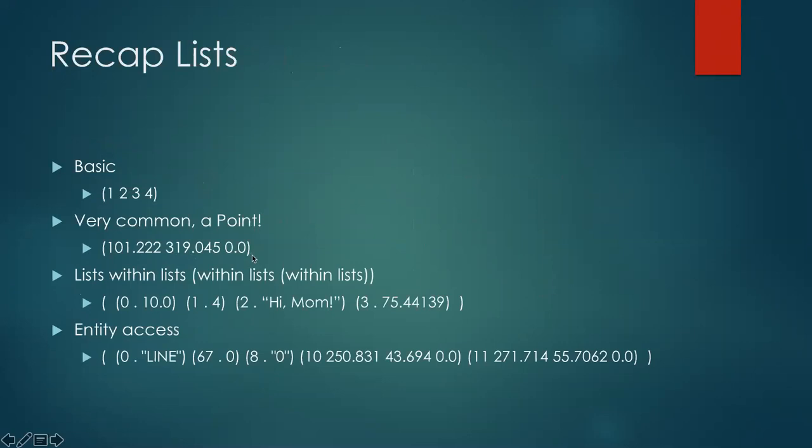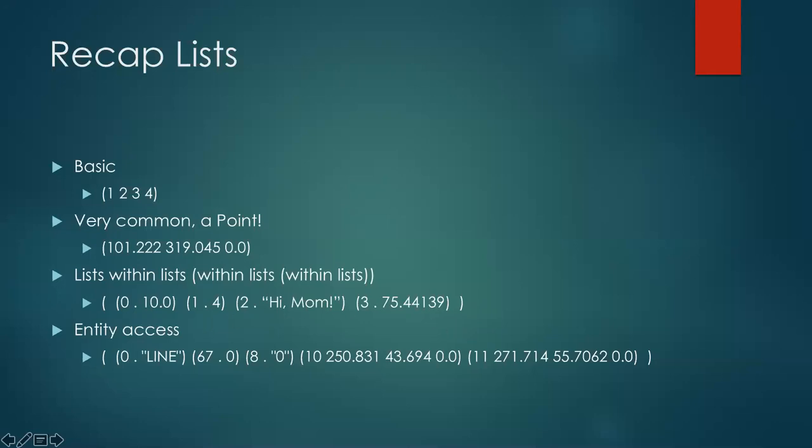So I'm not declaring a point as you would in many other programming languages. I'm just creating a list of 3 real numbers. I can do lists within lists, and that's important because I have this dotted pair, and it's a very efficient way to organize an arbitrary data object.